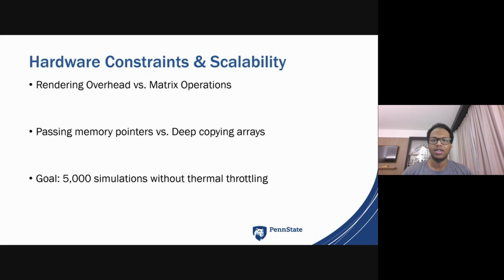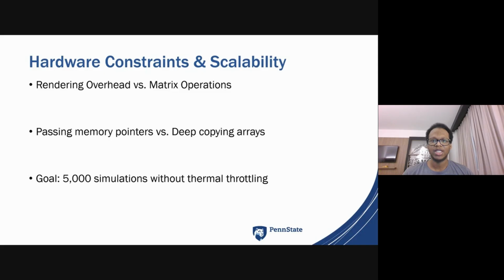Finally, we had to ensure our benchmarking architecture could scale. Simulating 5,000 independent games requires processing hundreds of thousands of individual board states. If we had tied our simulation to a graphical interface running at 60 frames per second, the rendering overhead would have bottlenecked our data collection by a factor of 100.